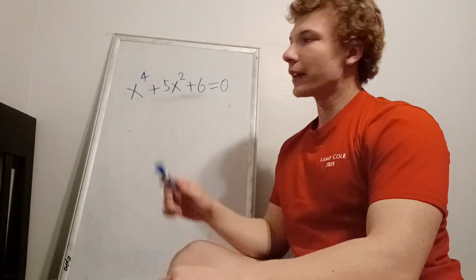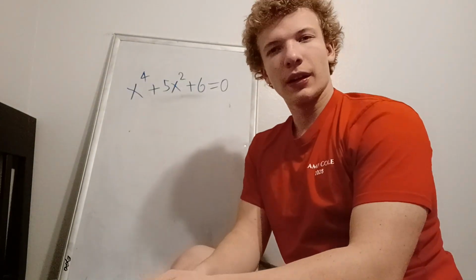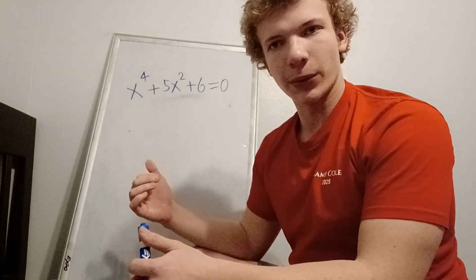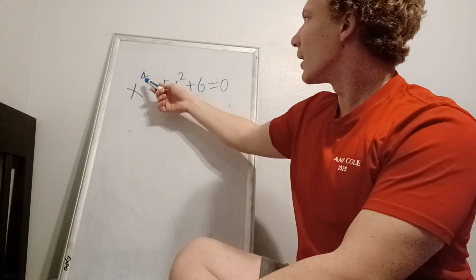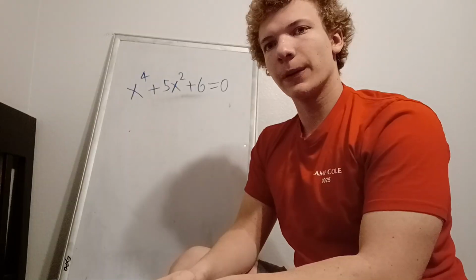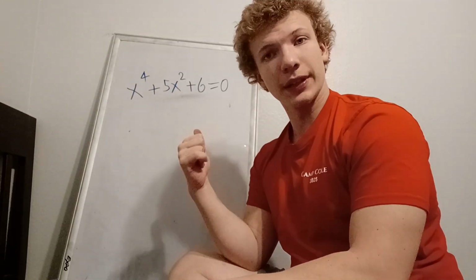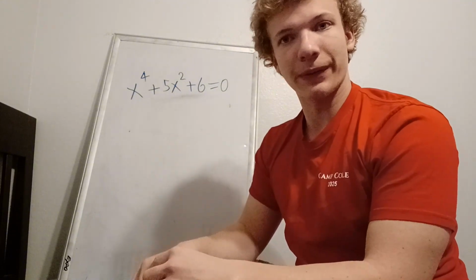Consider a quadratic. X to the fourth plus 5x squared plus 6 equals 0. Wait a second, this isn't a quadratic. A quadratic is a second degree polynomial, but this is clearly a fourth degree polynomial, so what's going on here? Well, this is still a quadratic, but we can't think of it in terms of x.